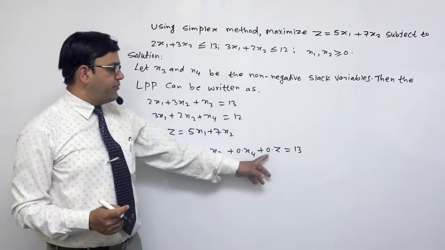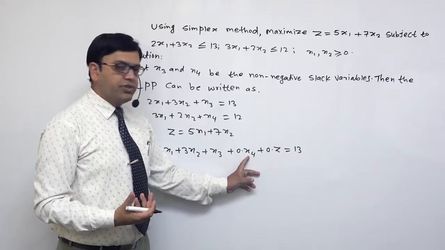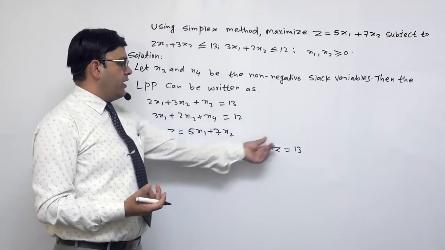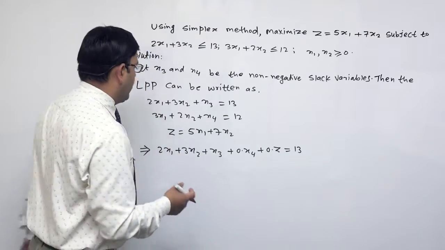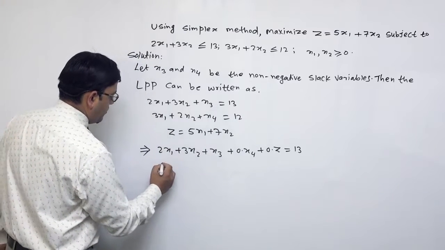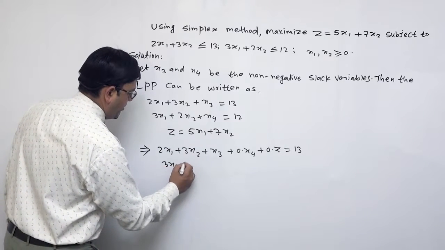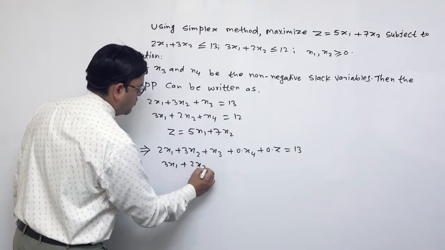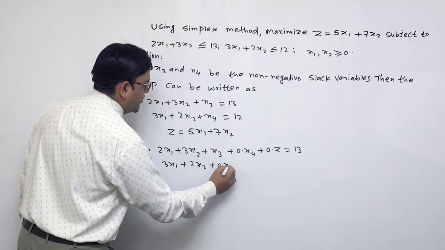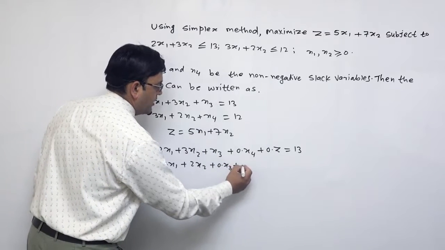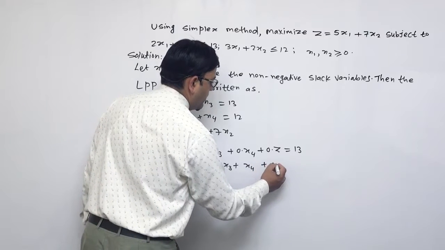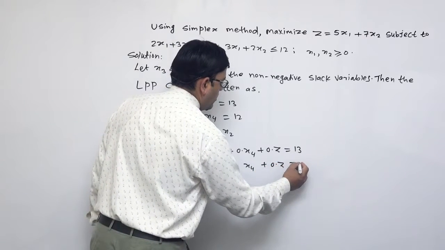So we have 2x1 plus 3x2 plus x3 equals 13. Similarly, how can we write this one? 3x1 plus 2x2 plus 0 times x3, and then x4, no z, so 0 times z equals 12.